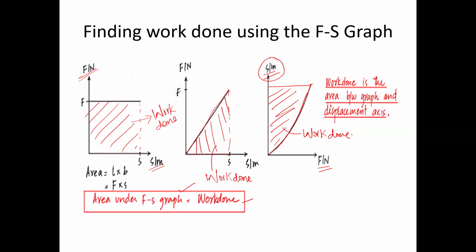Is this fine? Area under force extension graph is equals to work done. Yes, sir. You must write down with you. You must draw these graphs with you. You should be having these pointers with you. Shall I move onwards?